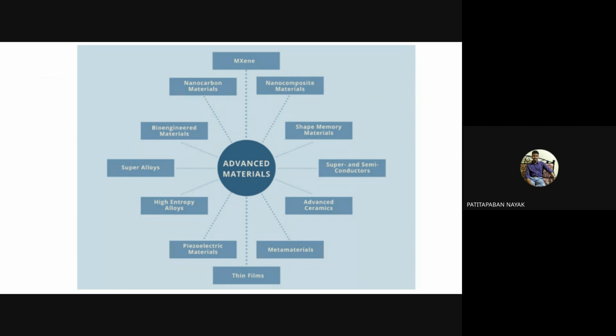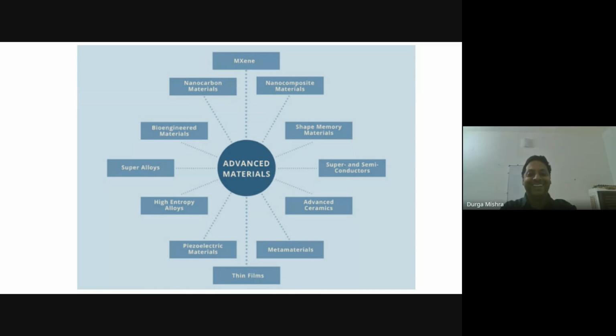These are really interesting names; when you read them, you think, what are these materials? Each topic is itself a subject, so you cannot cover it in one lecture. If you really want to understand thin films, for example, how you can make a thin film is itself a course. One can give an overview, but you cannot really go deeper into that.